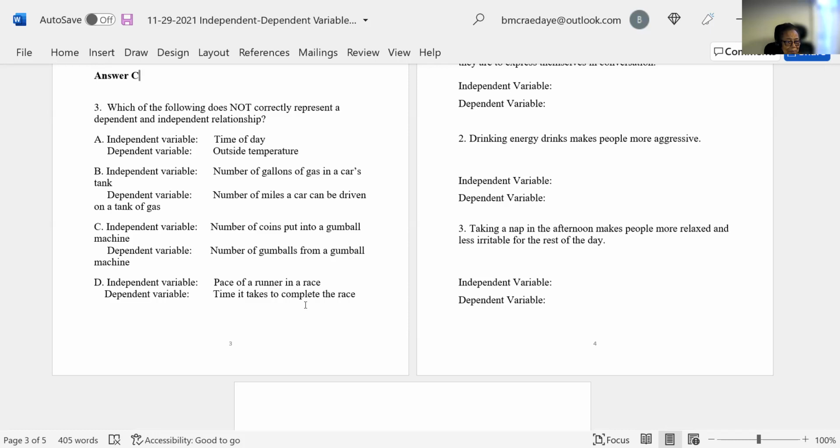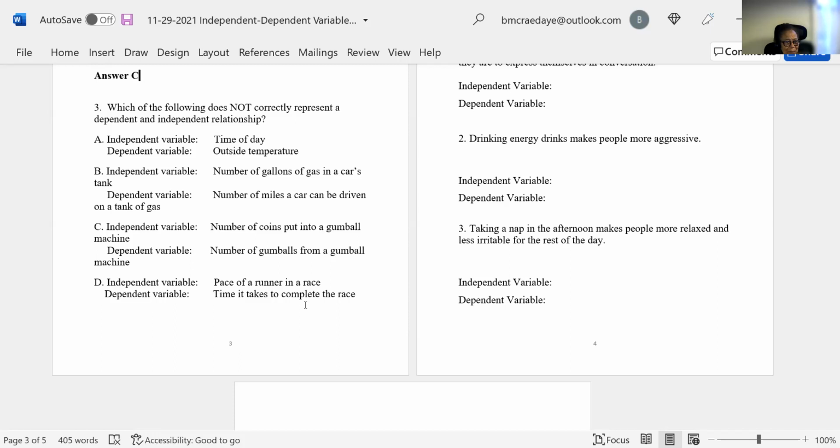Number of gallons of gas in a car. Number of miles a car can be driven. Number of coins put in a gumball machine. If you put coins in a gumball machine, what depends on how many gumballs you get?